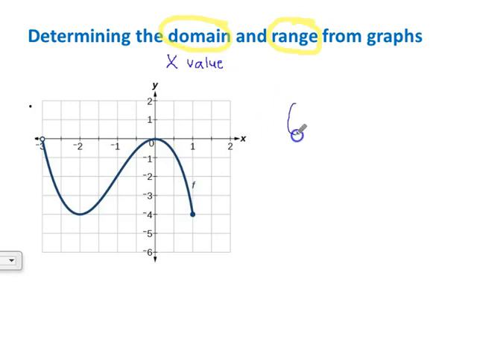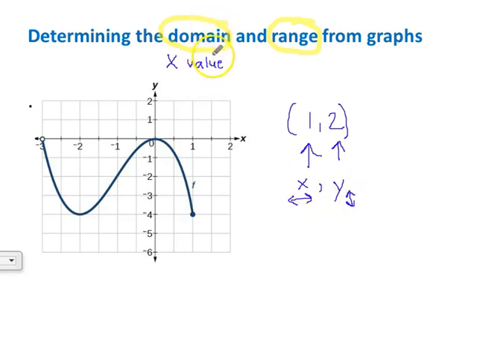Think about that. When we've got an ordered pair or coordinate, our x value is right here, our y value is right here. The x value always tells us the horizontal movement, and the y coordinate tells us our vertical movement.